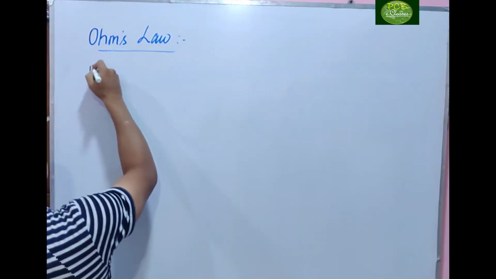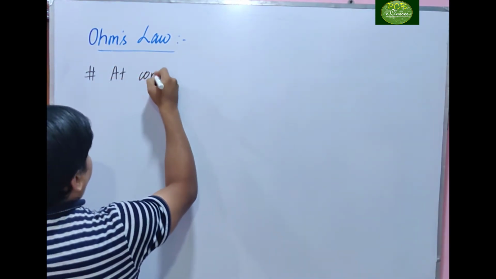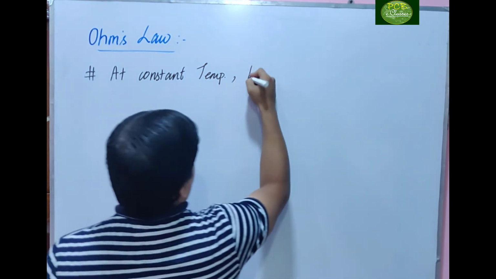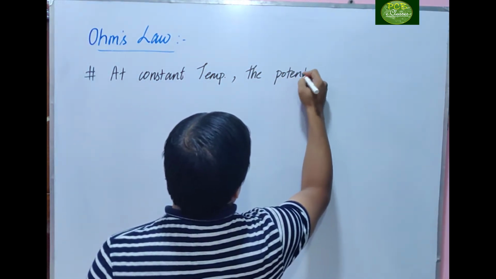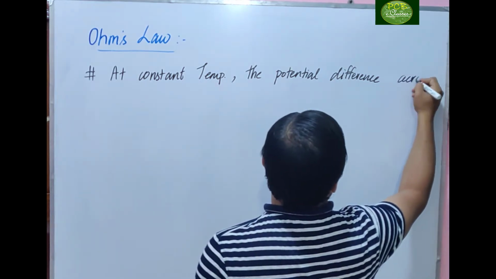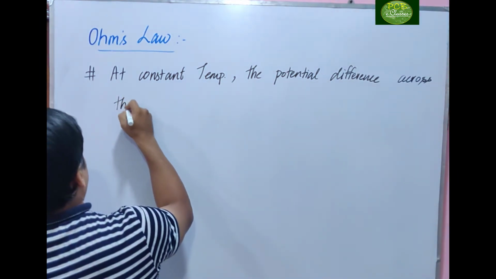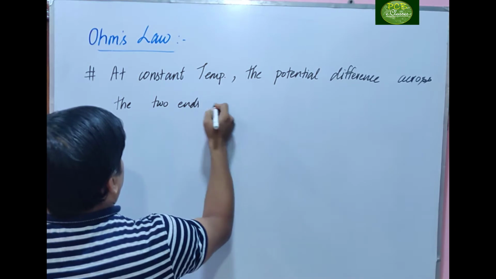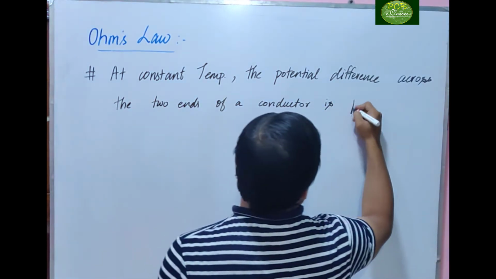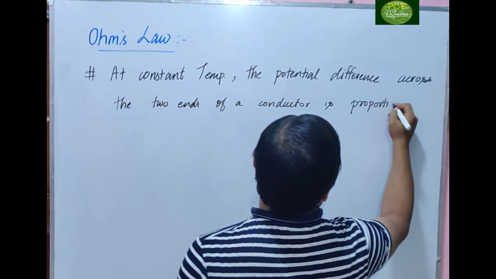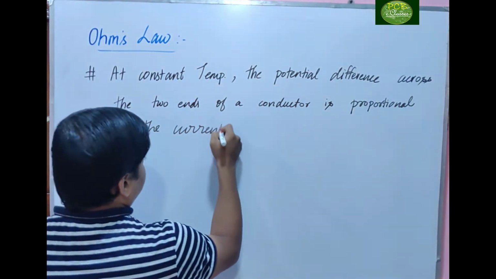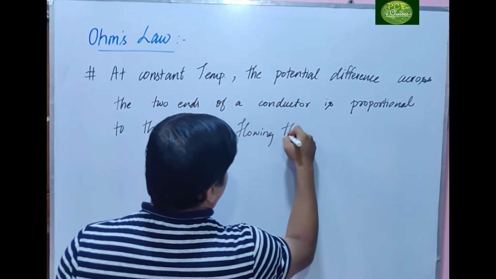What it says is, at constant temperature, the potential difference across the two ends of a conductor is proportional to the current flowing through it.